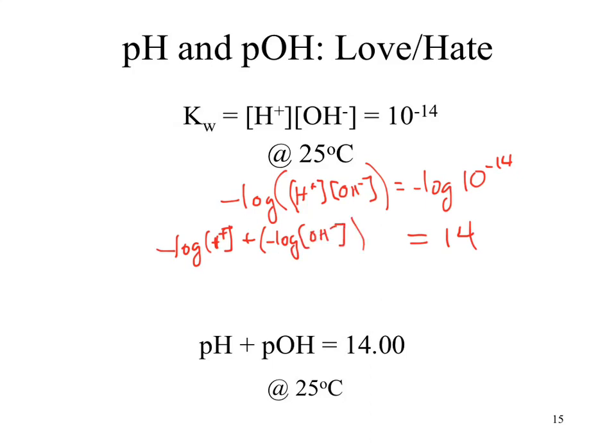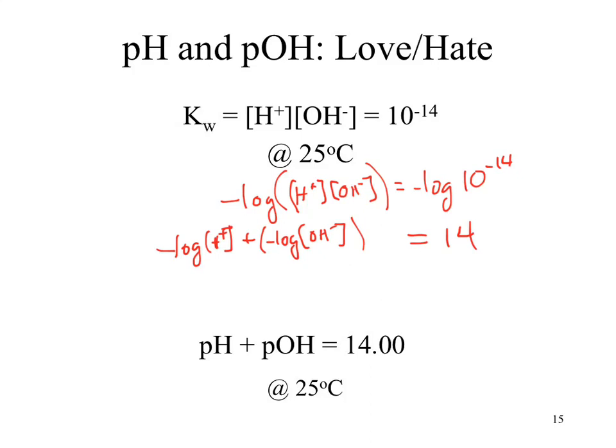What's the negative log of H plus? It is the pH. What's the negative log of OH minus? The pOH. We can now, instead of dealing with those exponents, come up with another expression: pH plus pOH equals 14.